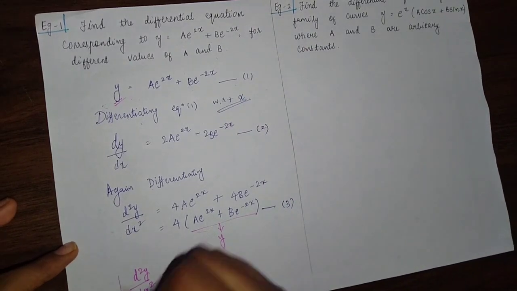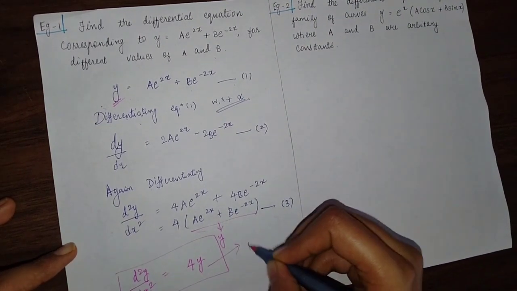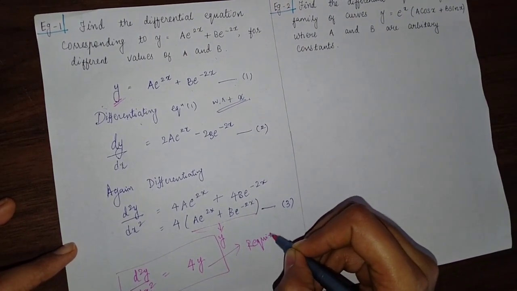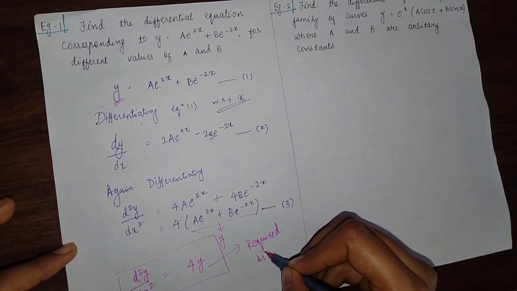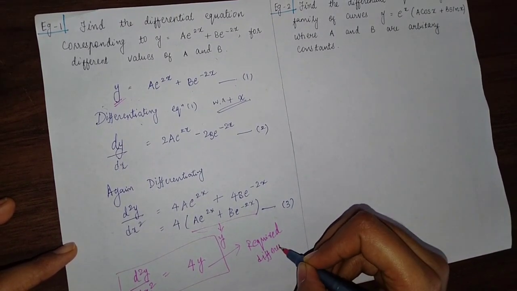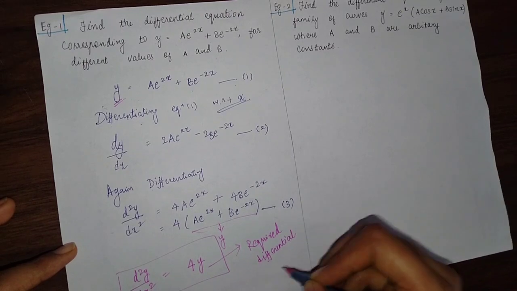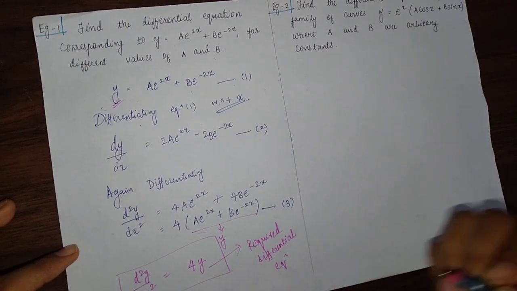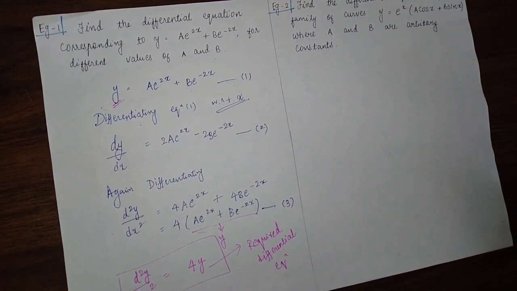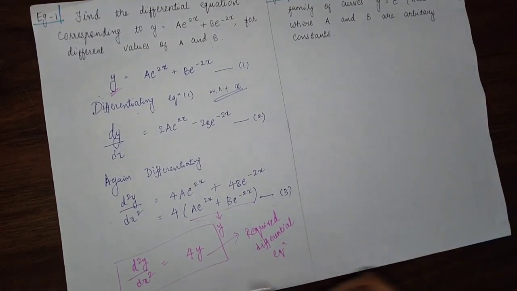So this is nothing but the required differential equation. Whatever you get as d square y by dx square, that is your required differential equation. So what you got is d square y by dx square equal to 4y. In this way you can find the differential equation for any given curve.